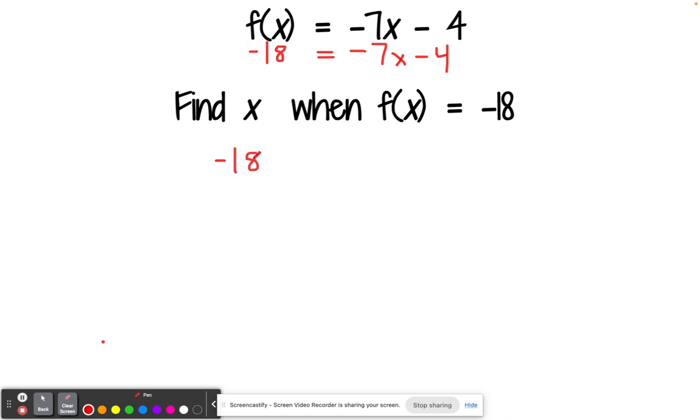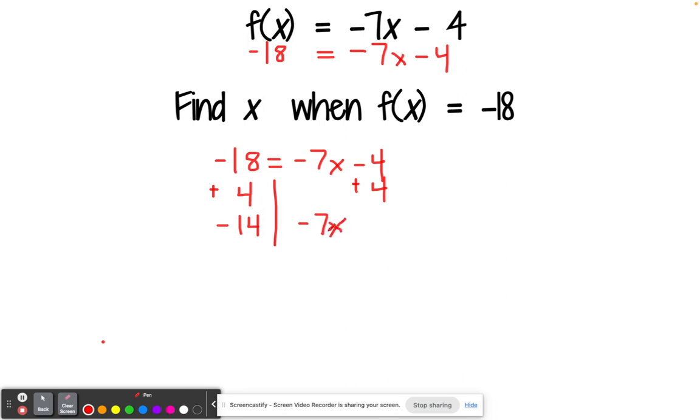Negative 18 equals negative 7x minus 4. What will I do first? I'm going to add 4 to both sides. Negative 18 plus 4 is negative 14 equals negative 7x.